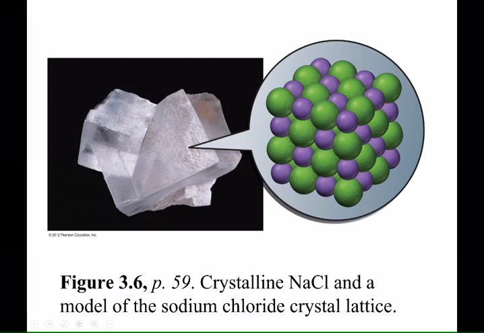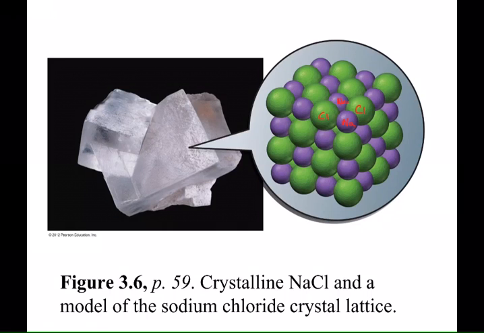So ionic compounds. This is just a figure of what table salt would look like. Again, you see the alternating colors. They represent Cl and Na. This is my Cl. This is my Na.